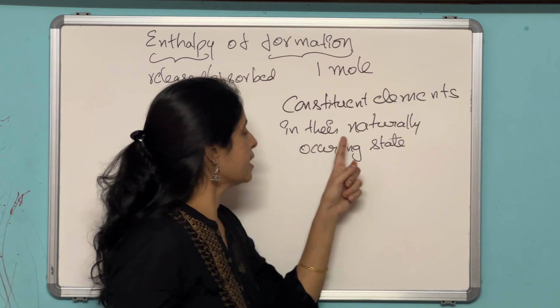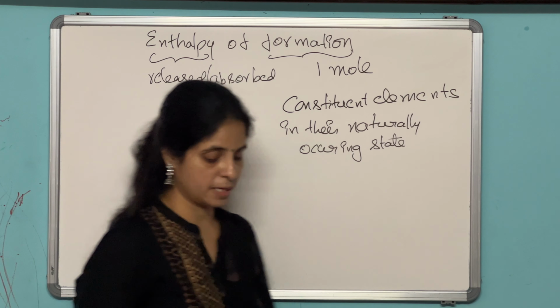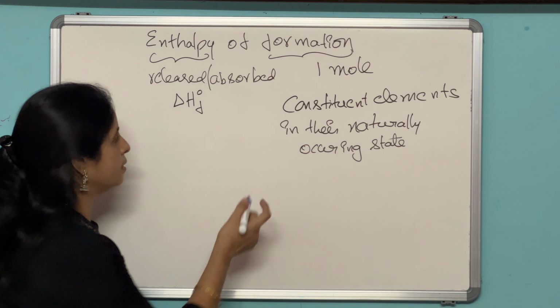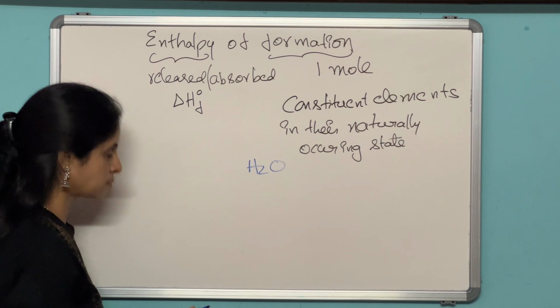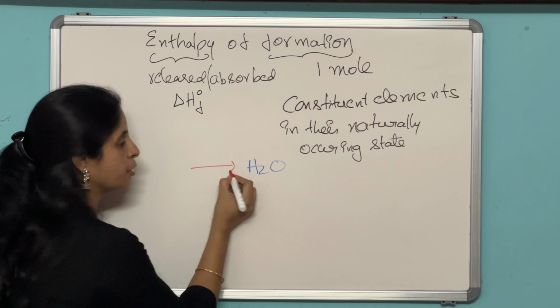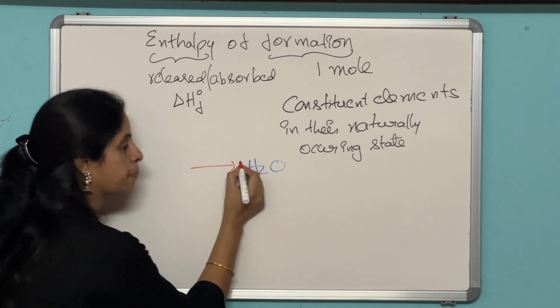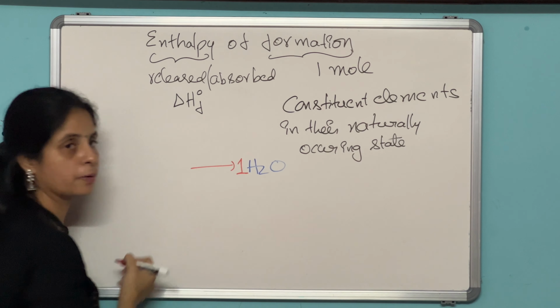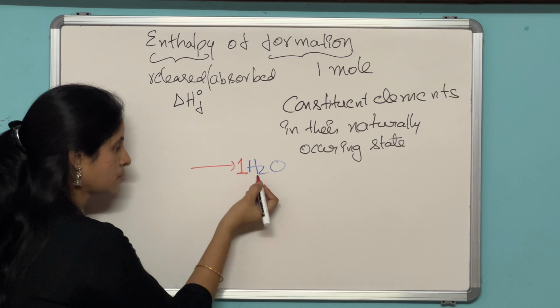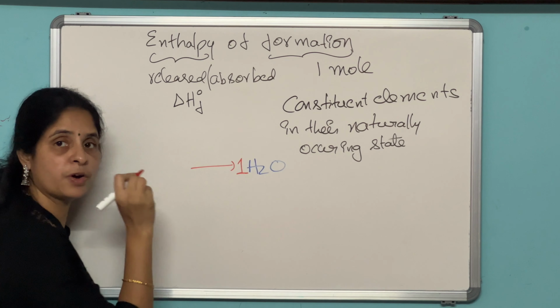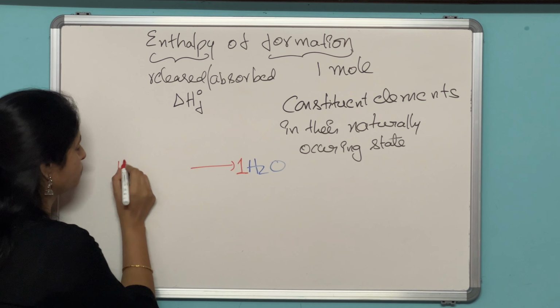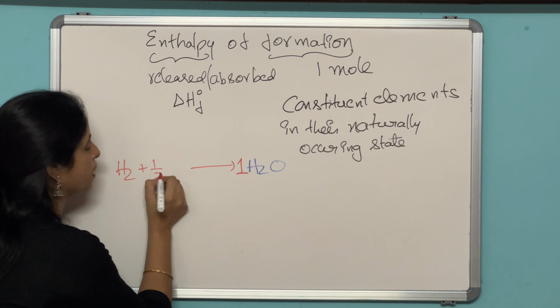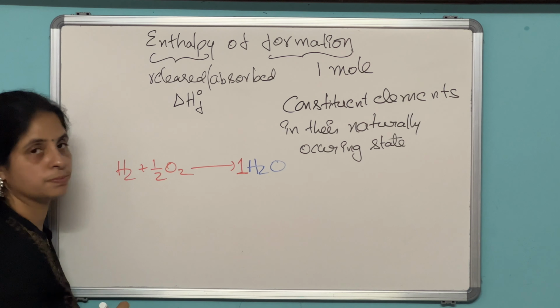Constituent elements in their naturally occurring state means, for example, let us take the formation of H2O. It is formed from its constituent elements, and that should be 1 mole. If 1 mole of H2O is formed from its constituent elements, here H2 plus half O2.